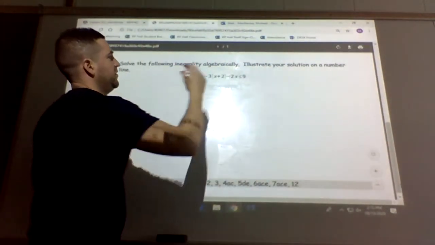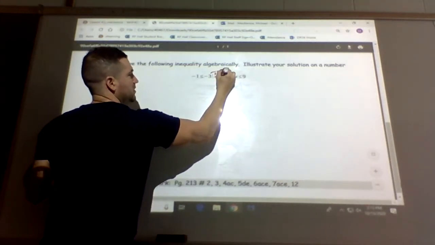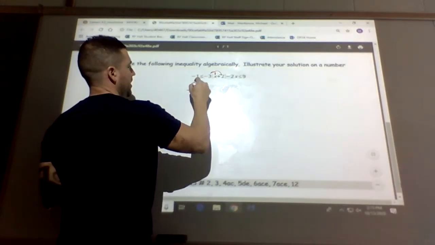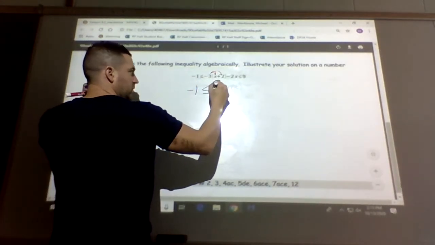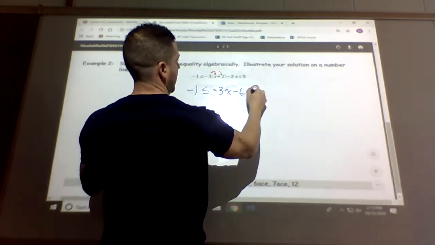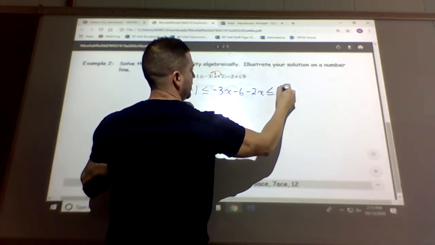Okay, so we're going to expand first inside of the bracket. So negative 3 times x and negative 3 times 2. So negative 1 less than or equal to negative 3x minus 6 minus 2x less than or equal to 9.